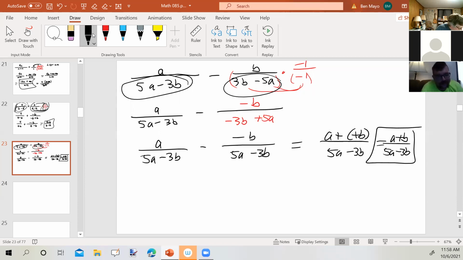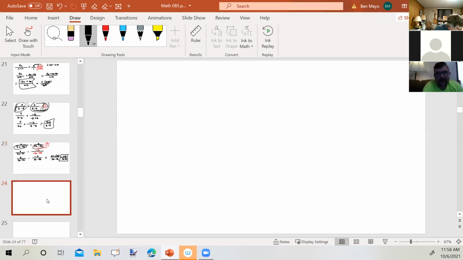Let's see here. Let's take a look at this one. 10h divided by h minus 3 plus 7 divided by 9h. Well, let's see. h minus 3 in itself can't be factored any further. 9h would be what? 3 squared times h.